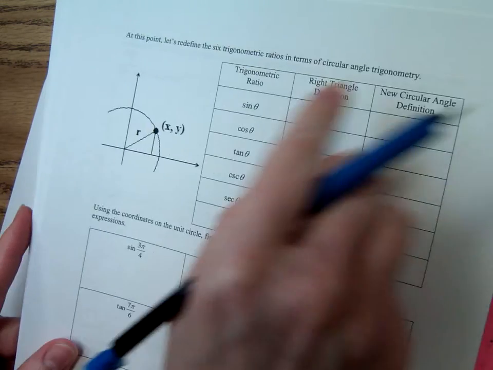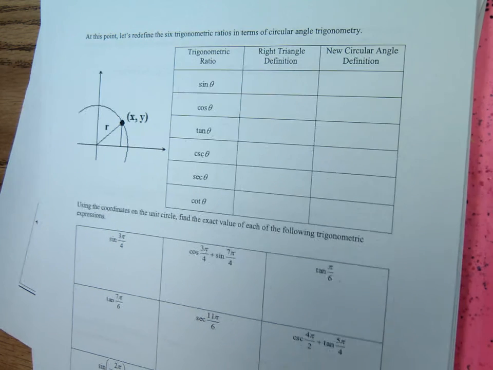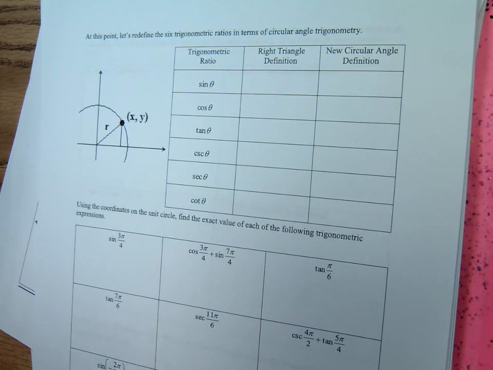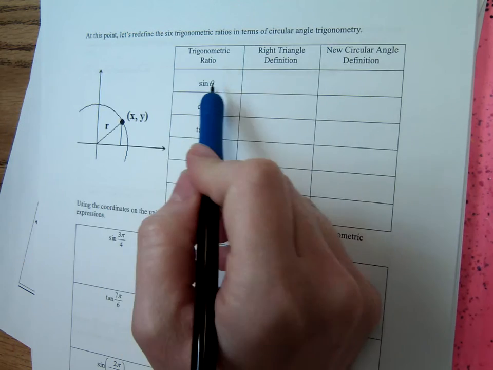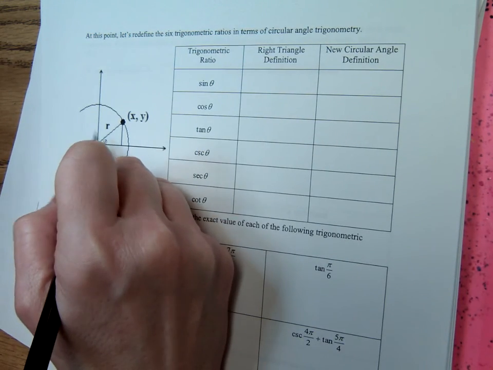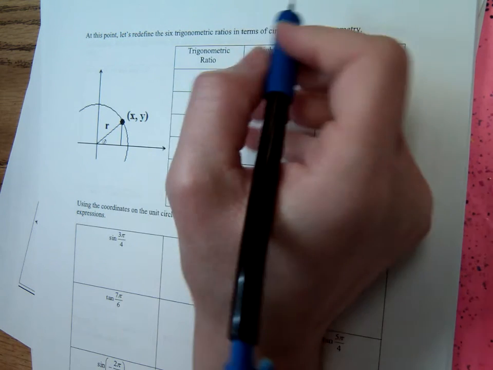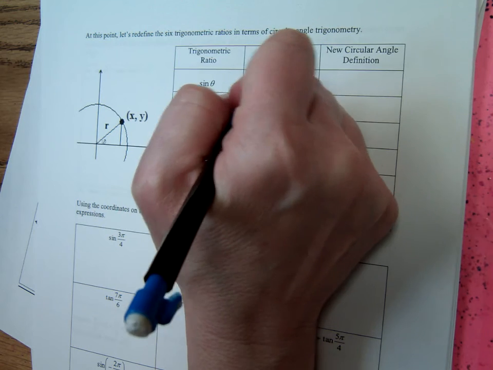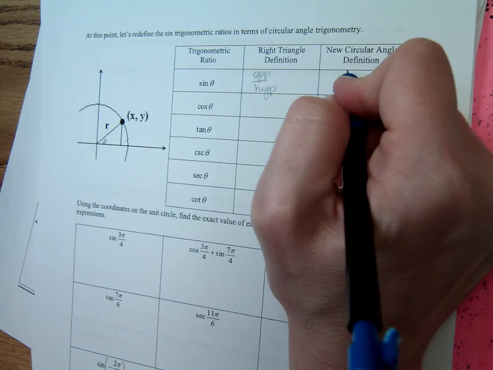So now we're going to redefine these 6 trig ratios in terms of our circular angle trig. Sine of theta, this is going to be theta right here. Sine is opposite over hypotenuse, so that's y over r.